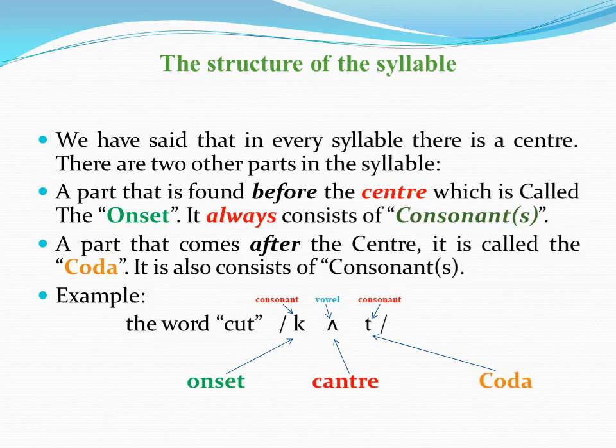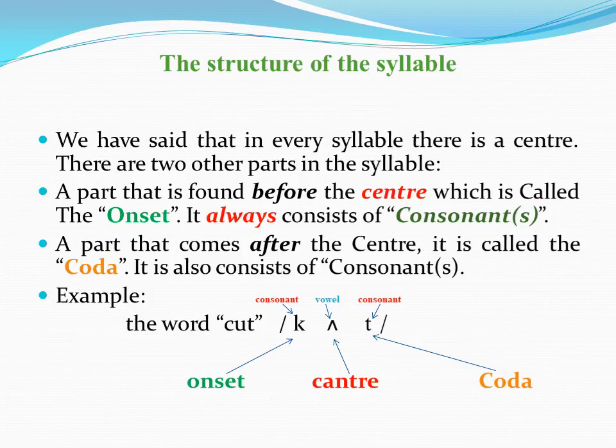What comes before the center is a part which is called the onset of the syllable. And this onset is always a consonant. Why do we say that? The center is usually a vowel, but the onset is always a consonant.